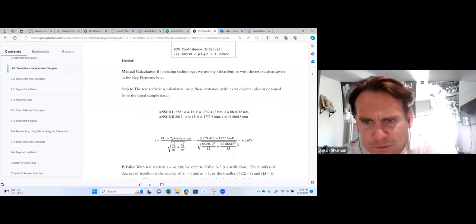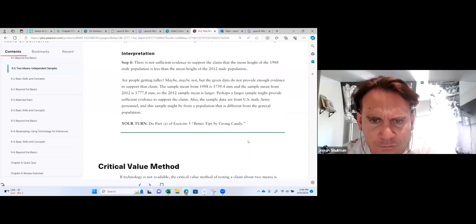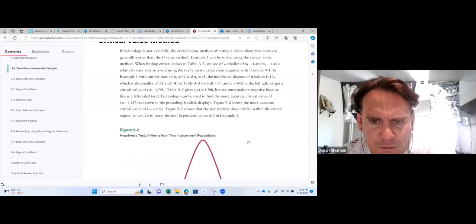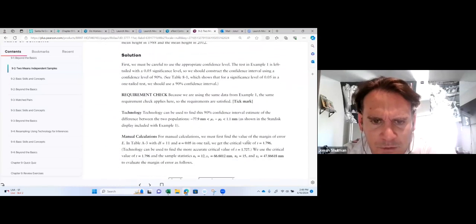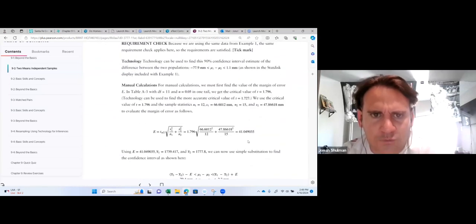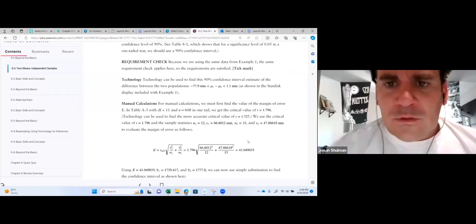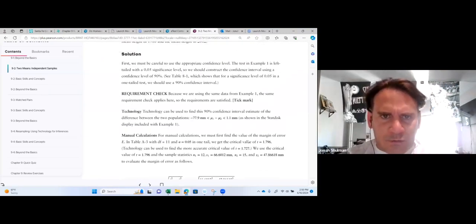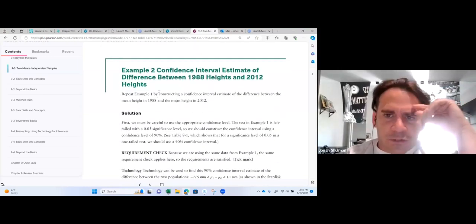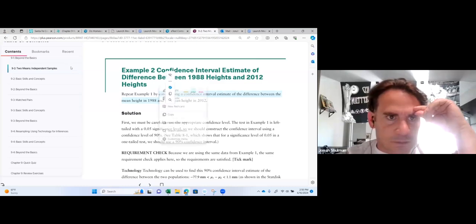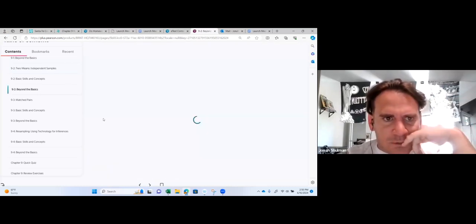That's what I've been doing to get the T statistic, which is fine. Got to pull up the critical value method. All right, here we go. But how do we know it's 90%? Repeat example 1 by constructing a confidence interval to estimate the difference between mean height in 1988 and mean height in 2012.